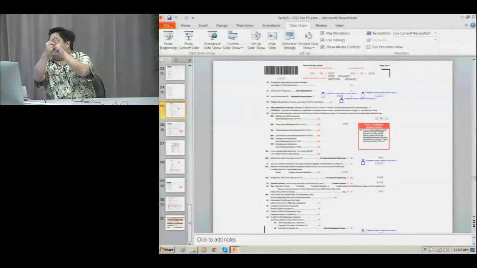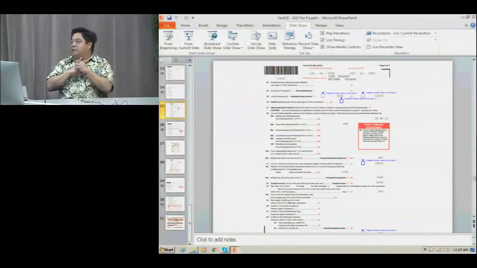Then you subtract the Hawaii tax by the tax you already paid in here. So it's a complicated one, but it will make it fair.